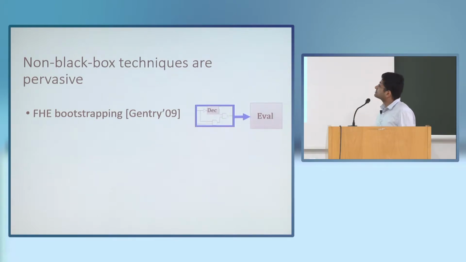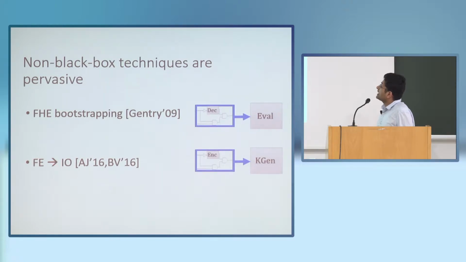And additionally, it needs circular security along the way. So this sort of non-black box use is inherent in FHE bootstrapping, and we don't know a way around it. Okay? Another example is in going from functional encryption to indistinguishability obfuscation.